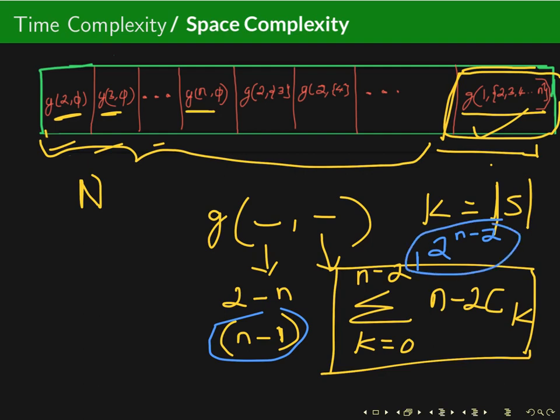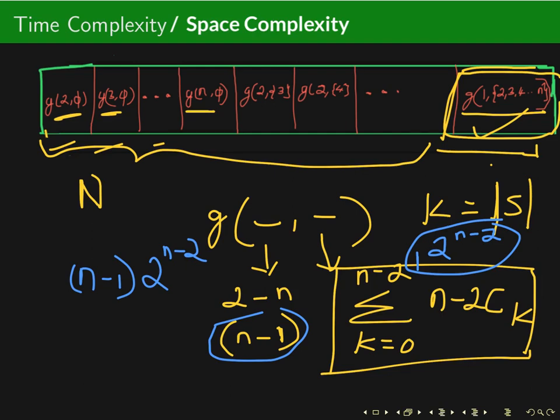So capital N is going to be equal to n minus 1 into 2 raised to n minus 2. And we can also see that the size of this array is going to be of the order of this quantity, that is n minus 1 into 2 raised to n minus 2.